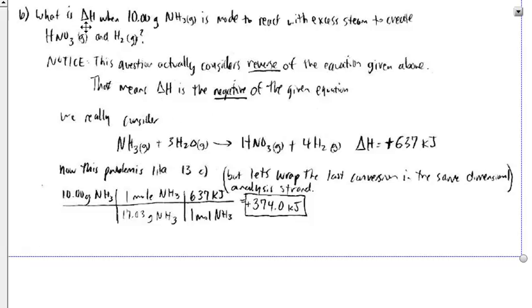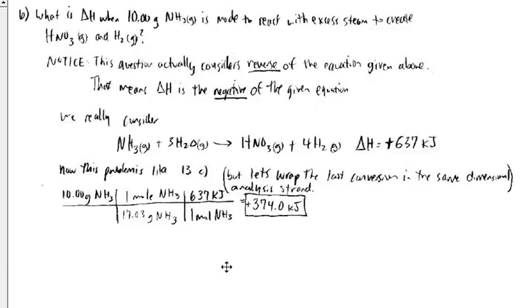So they want to know what the enthalpy change, delta H, is when 10 grams of ammonia react with excess steam to create the nitric acid, the gaseous hydrogen nitrate, and the hydrogen gas. A really important thing is that this is actually the reverse of the previous equation. So that means your delta H sign changes.